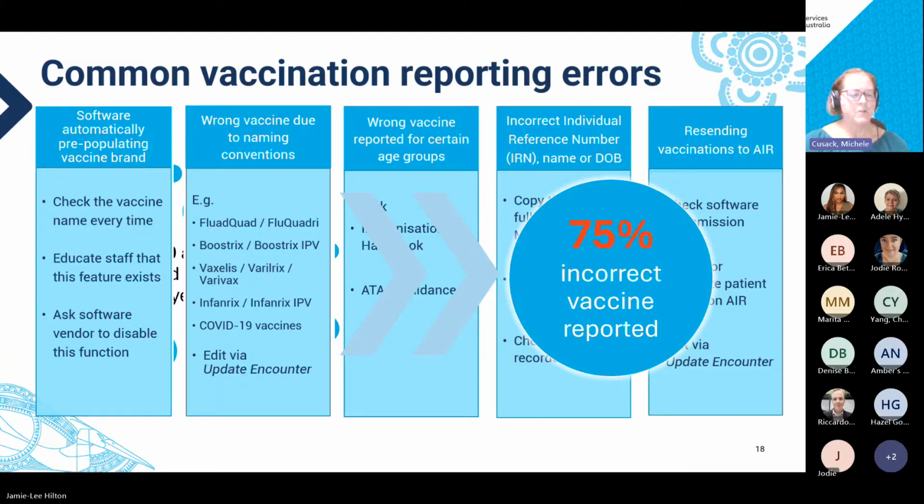Okay, that's all right. So I was just talking about wrong naming conventions, wrong vaccines, incorrect IRNs, and don't resend vaccinations. There is that infographic there you can see in our education resources. So you can all go and have a look at that if you need to update an encounter.